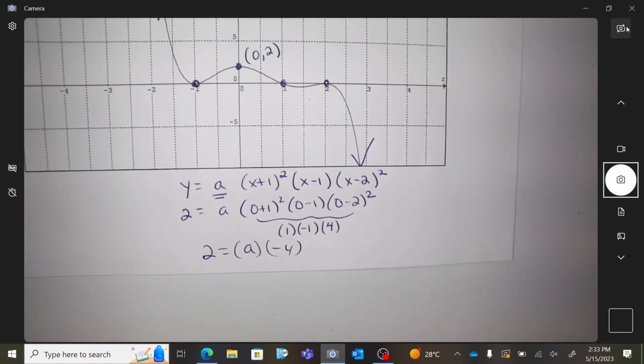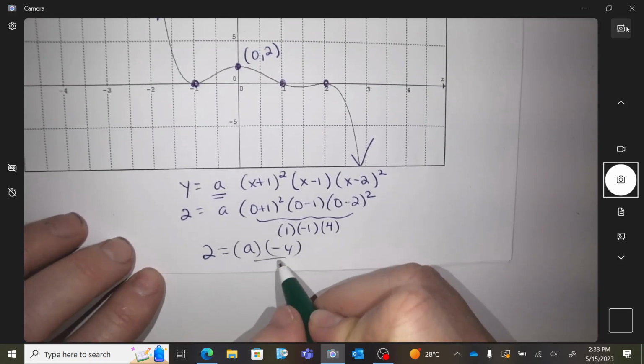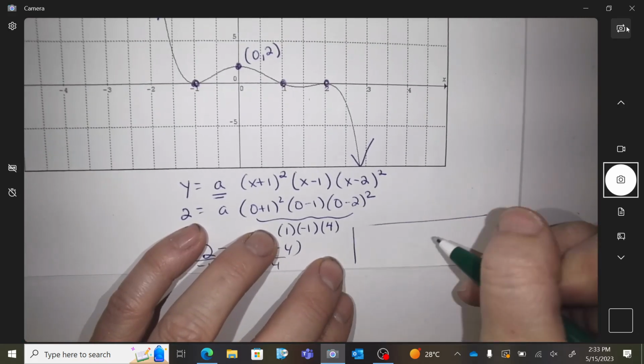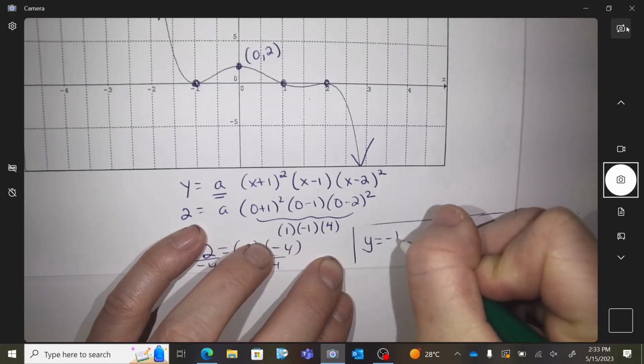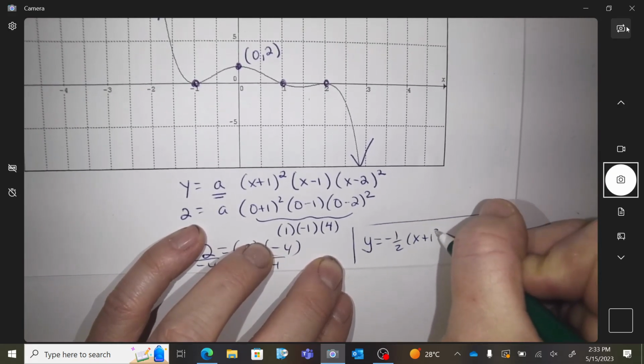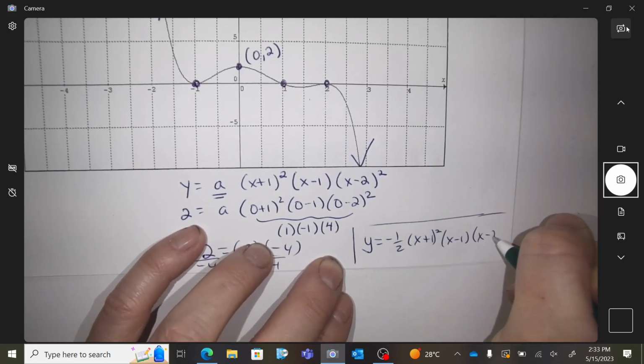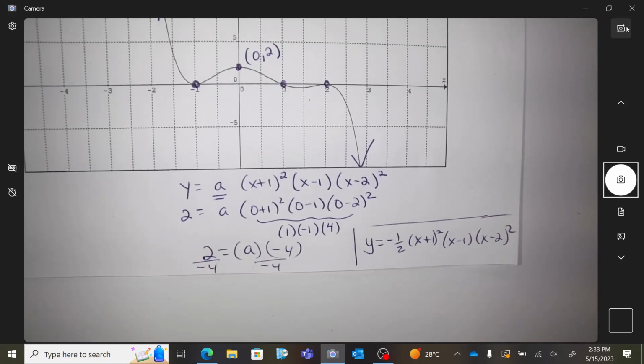So I'm actually getting a to be -1/2. Or should it be negative 1?